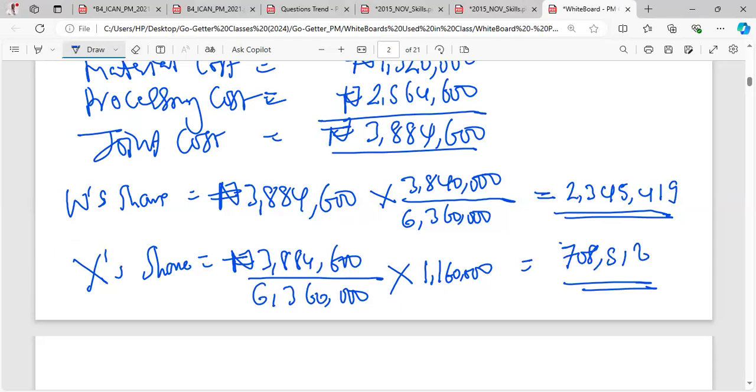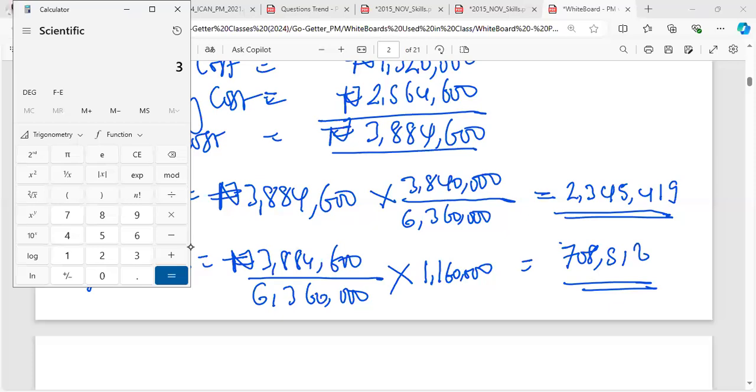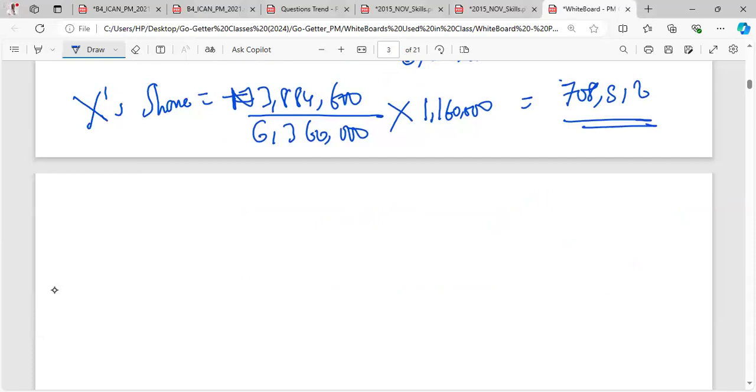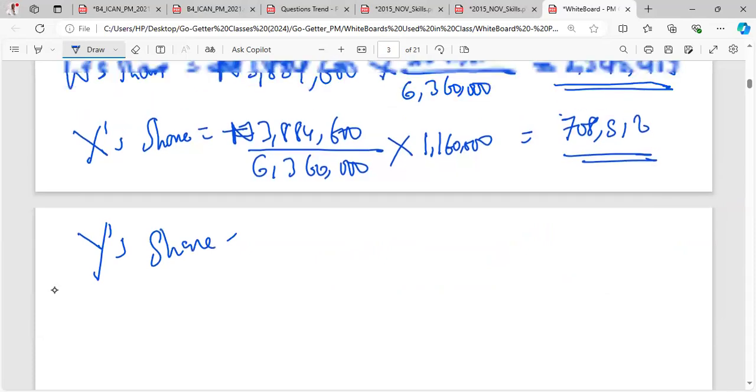Let's do it the normal way: 3,884,600 divided by 6,360,000 multiplied by 1,160,000. It will be the same thing. All right, this is X share: 708,512. Let's go to Y's share.